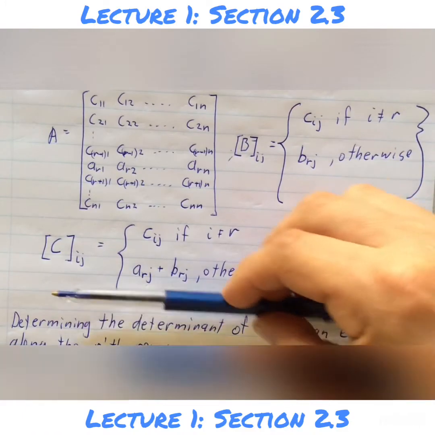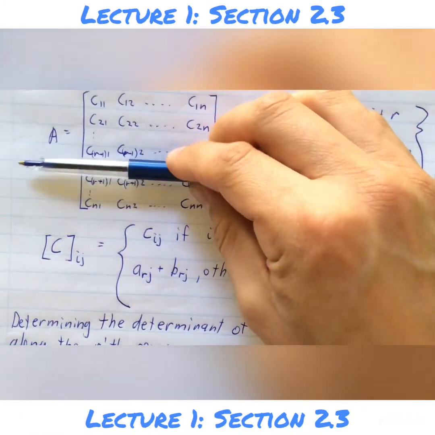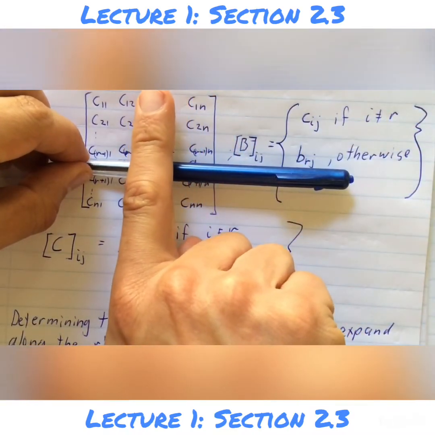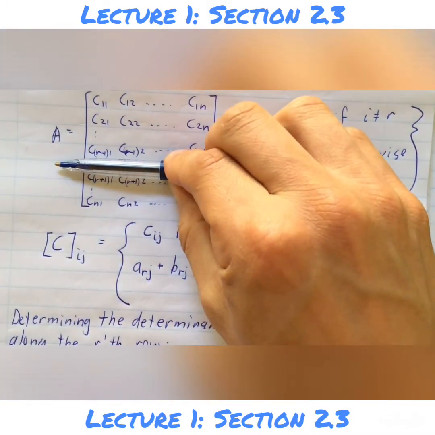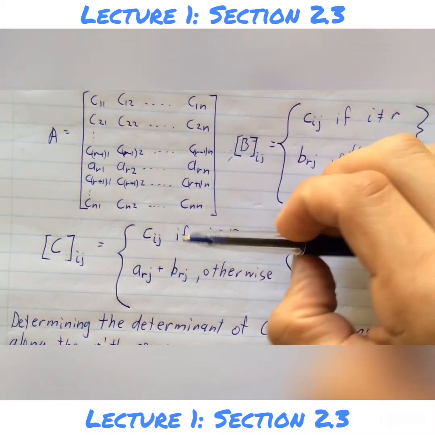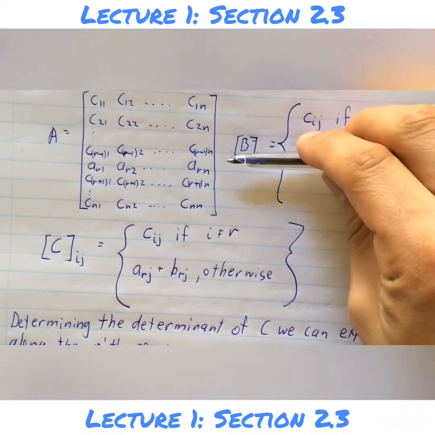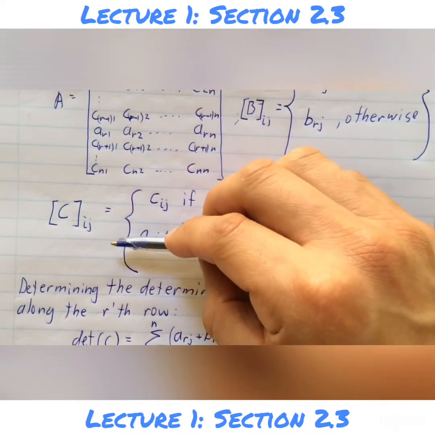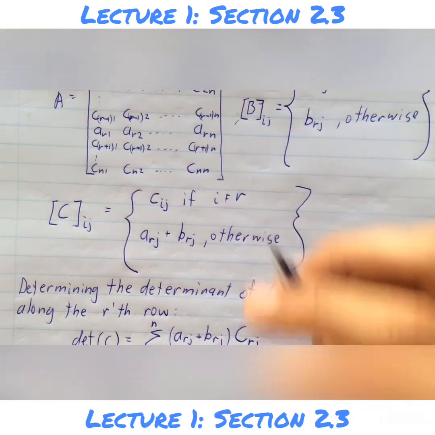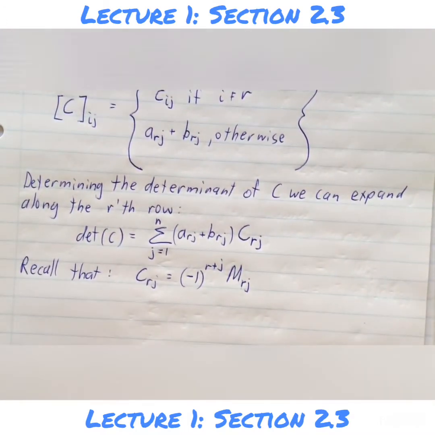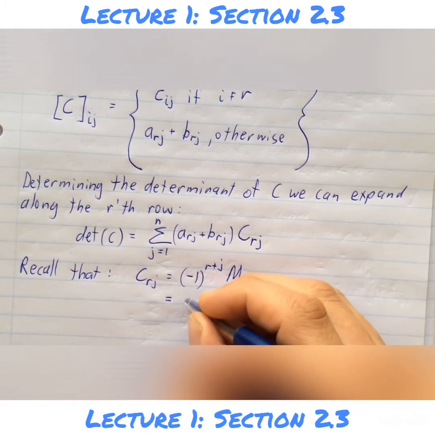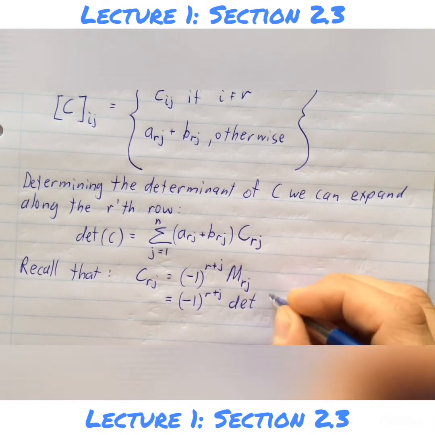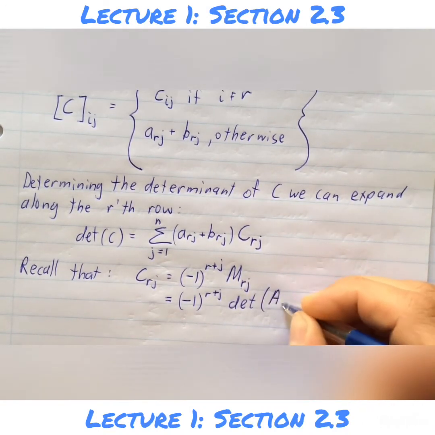If I take C and cancel the rth row and the jth column, I'm left with that matrix there. That resulting matrix is going to be the same as the matrix that I get by taking B and cancelling the rth row and the jth column of B. And that's going to be the same as the matrix that I get by cancelling the rth row and the jth column of C. So just looking at that, this will become that multiplied by the determinant of the matrix A rj.